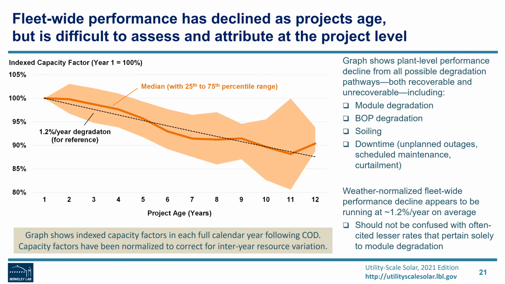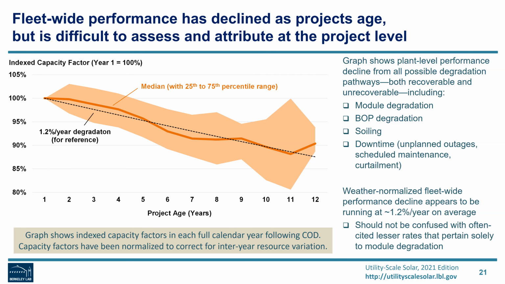But I do want to emphasize two things here. One, we're looking at total plant level degradation here. We're not focusing just on module degradation. The second thing to note is that we're including both recoverable and unrecoverable degradation.